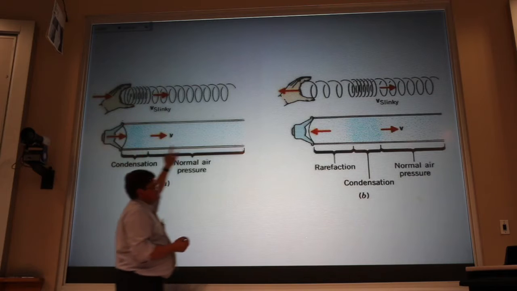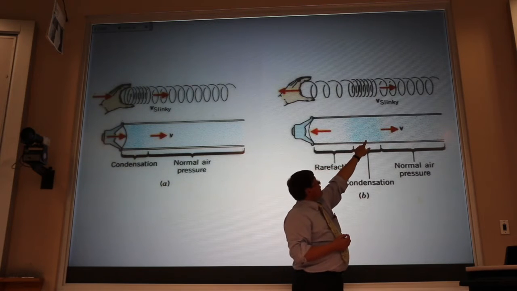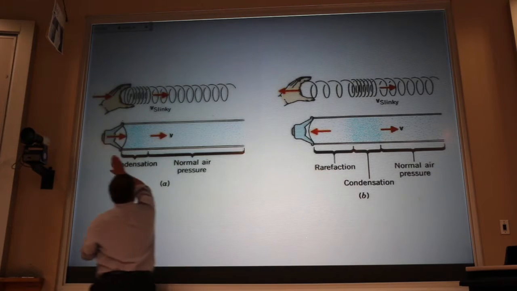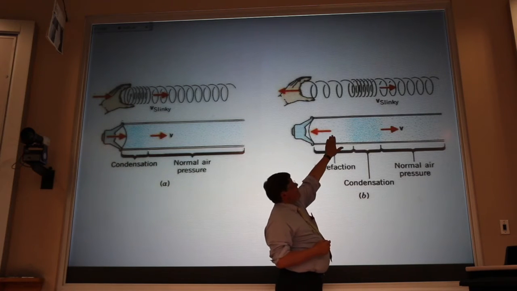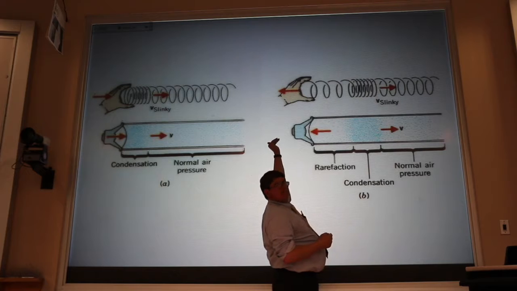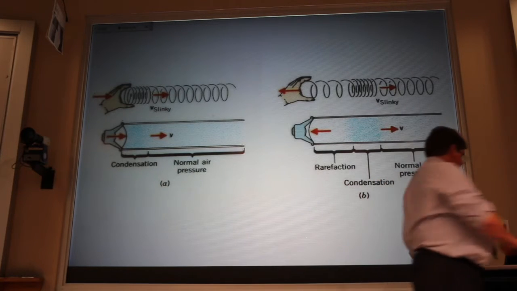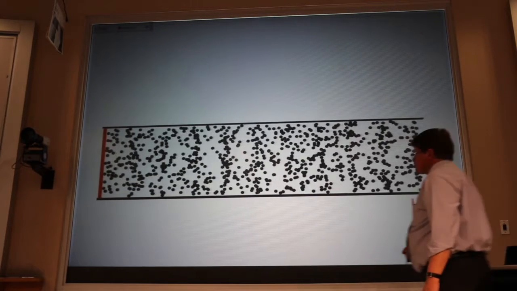And that's going to create some compressed regions when the diaphragm goes out, and it's going to form some rarefied regions when it comes back. And those will move out like this.